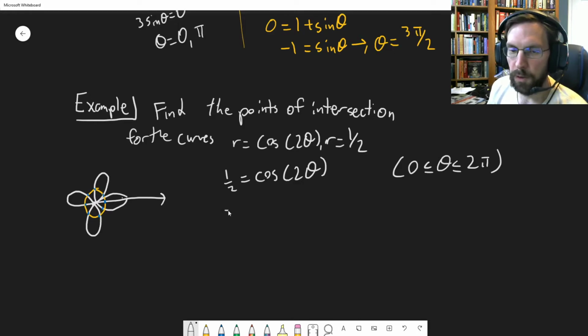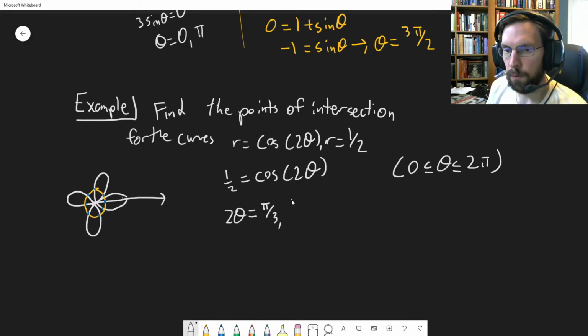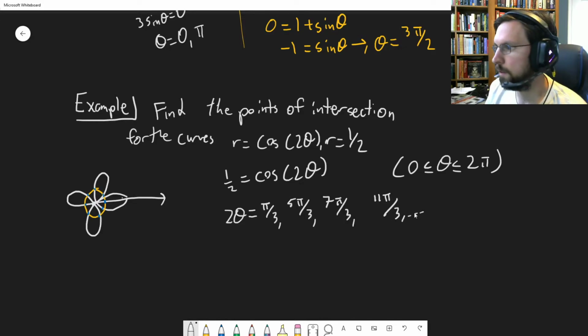So what do we know about 2 theta then? 2 theta has to be pi over 3, or 5 pi over 3, or 7 pi over 3, and 11 pi over 3, and so on and so forth.